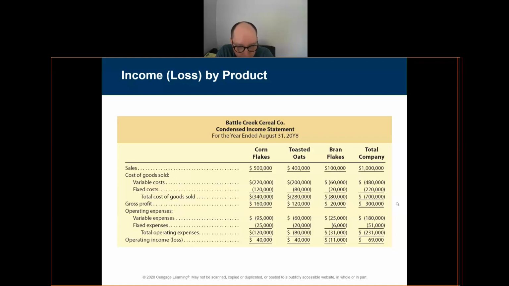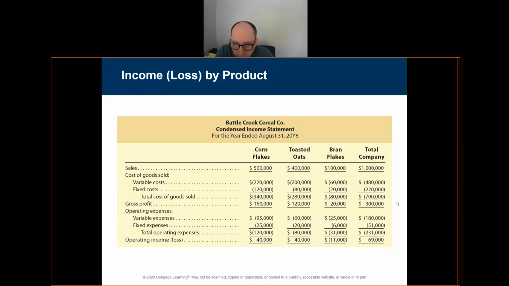So sales minus total cost of goods sold equals gross profit. Minus your operating expenses, variable expenses, fixed expenses, total expenses. So gross profit minus total operating expenses equals operating income or loss.